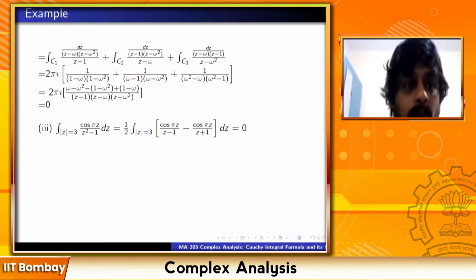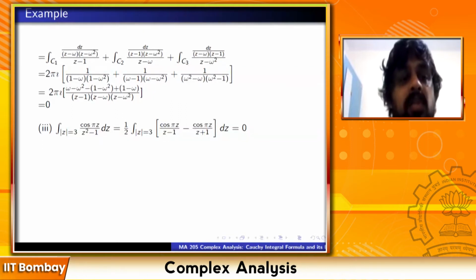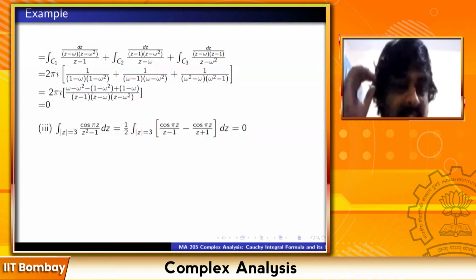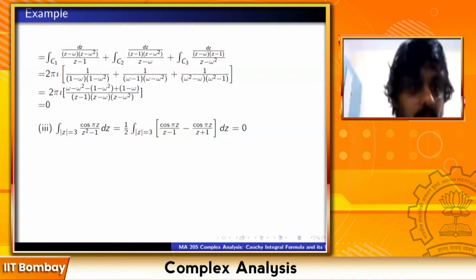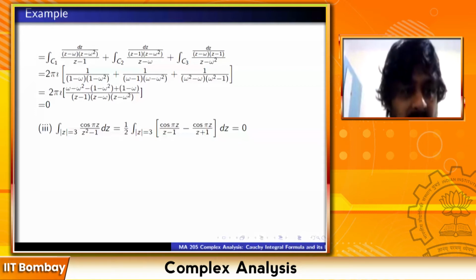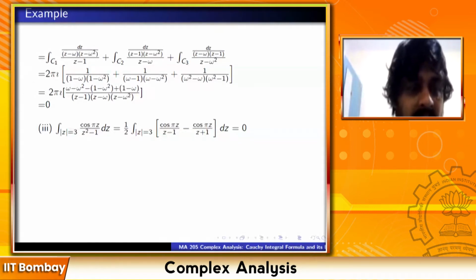And this is 2 pi I times, making common denominator, omega minus omega square minus 1 minus omega square plus 1 minus omega, upon 1 minus omega into 1 minus omega square. Sorry, a little typo here, the denominator should not be z minus 1 z minus omega square.